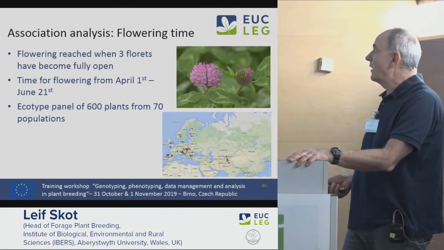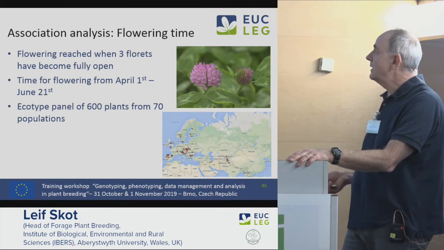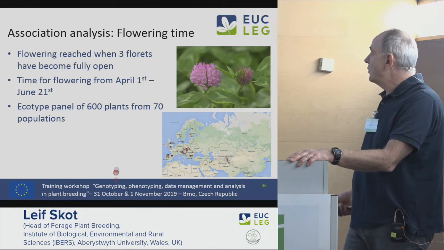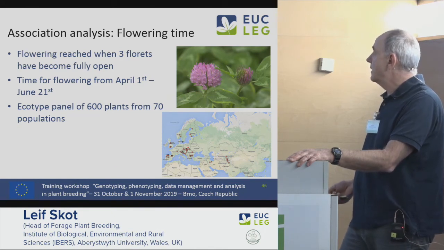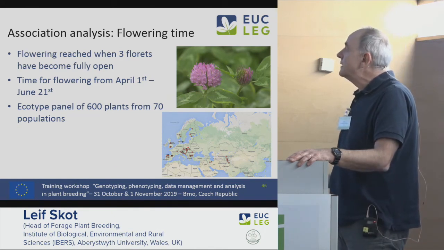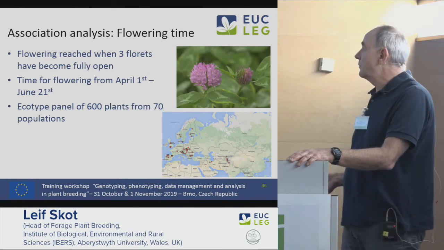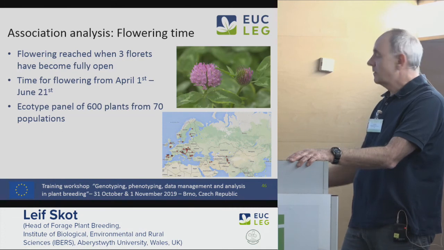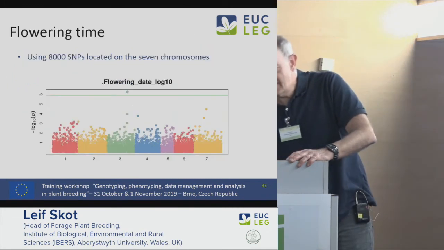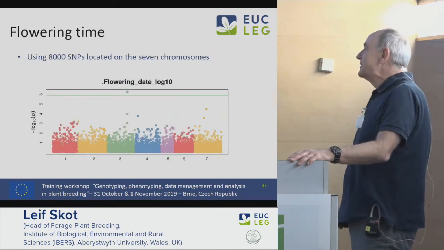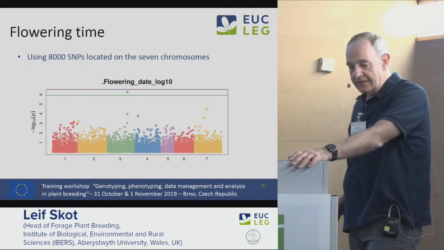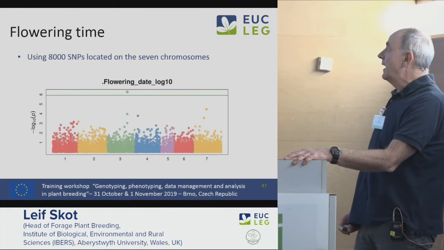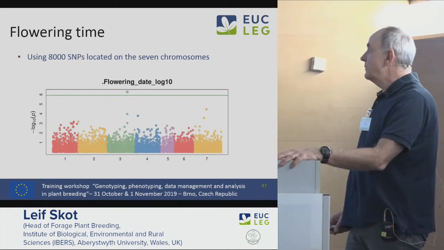Then you go to flowering time in red clover, where we had this panel, European and a few populations from Asia, 600 plants from 70 populations. And then we used the TASSEL program, which I'm sure some of you have heard of, and we have 8,000 SNPs.